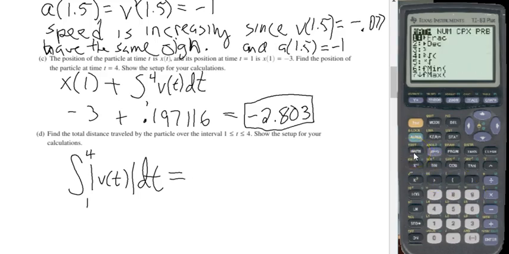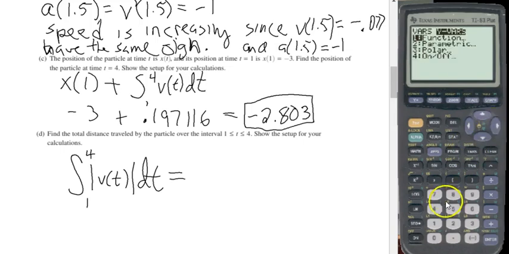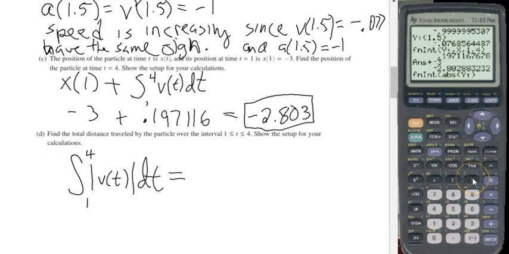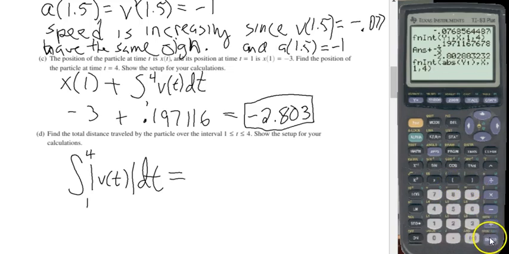But now we have to put in the absolute value command. So you hit math, over to number, absolute value is the first function there. Then we can recall the function stored in the variables menu. Close the absolute value, comma, x, comma, 1, comma, 4. And this is going to give us total distance traveled.